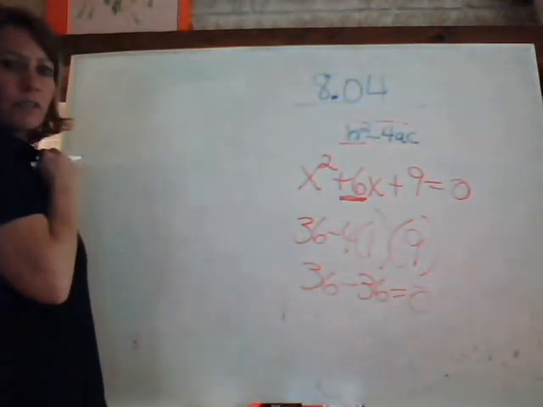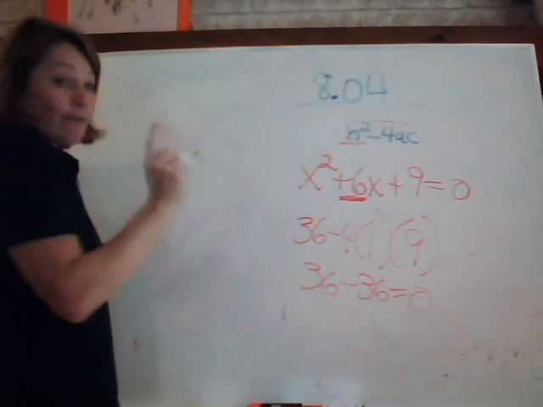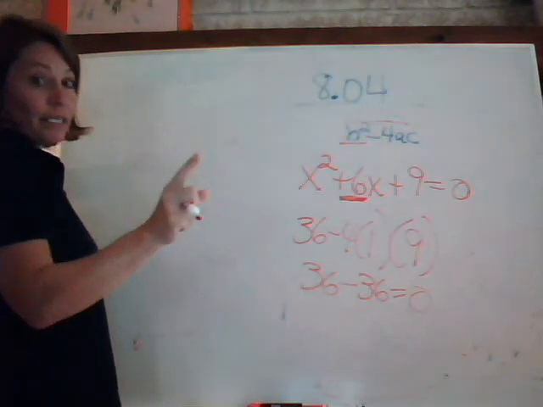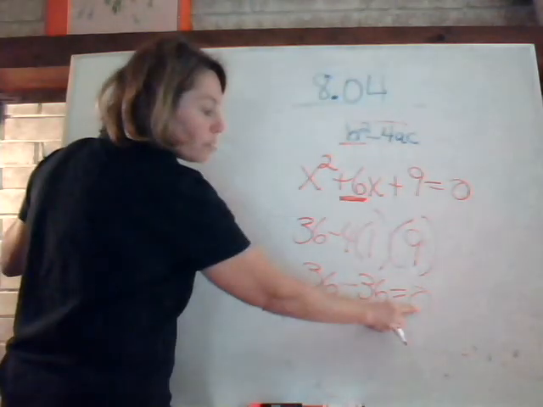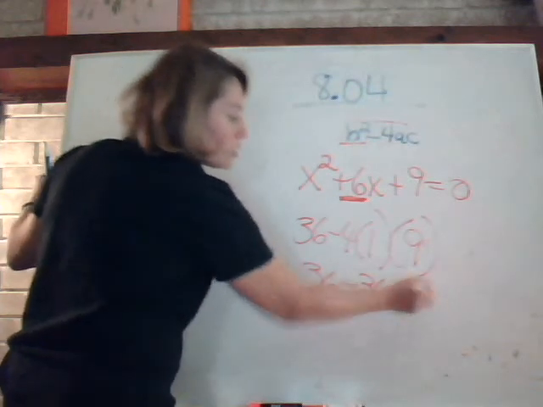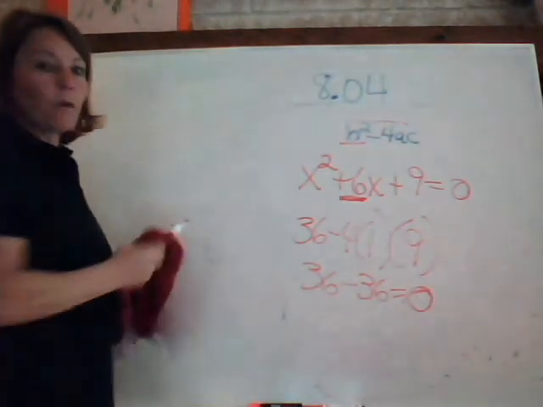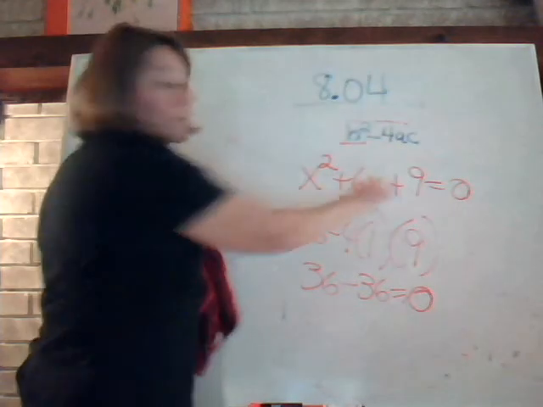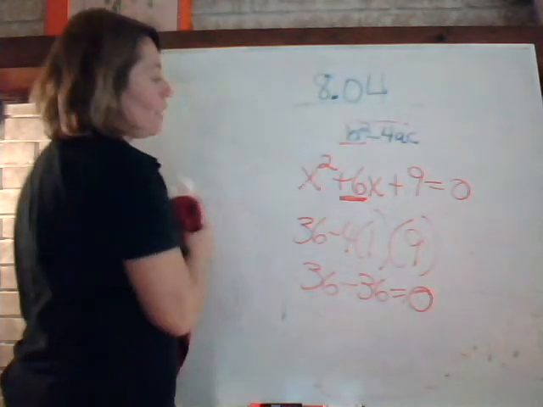That means I have no real solution. No, it doesn't. It means I have one real solution, and that real solution is negative b over 2a. So this one has one real solution because the discriminant is 0. So the square root part basically disappears, right? All this part of it disappears, and I'm left with the negative b over 2a.